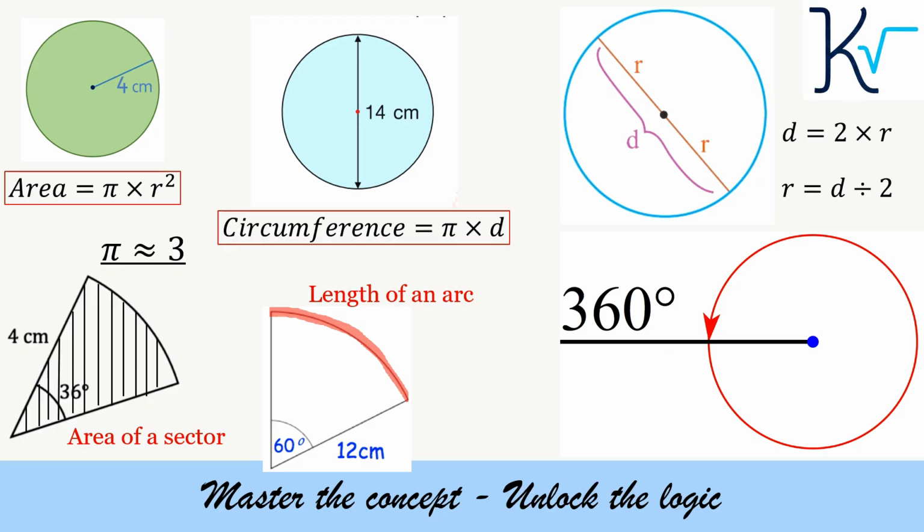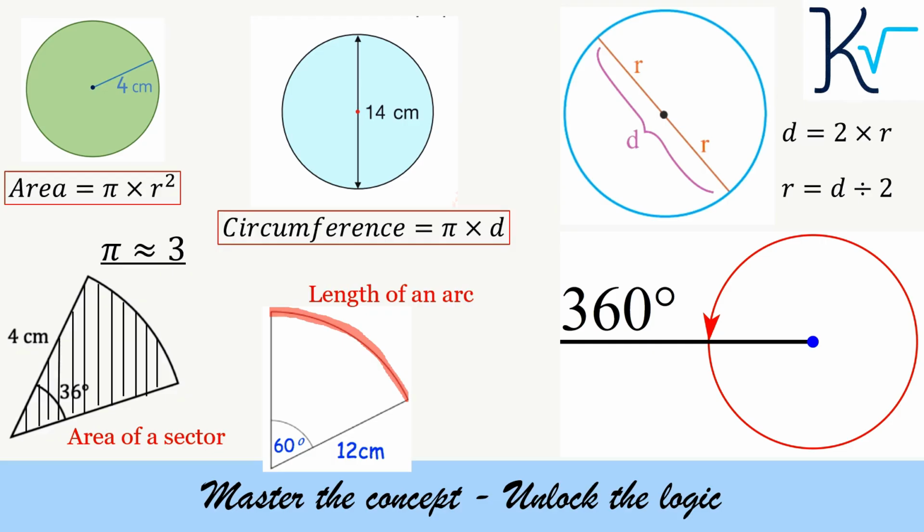We'll be using the formula for the area of a circle, pi times r squared, and the circumference of a circle, pi times d. In case you're wondering what pi is, to keep this very simple, we'll say that pi represents a number roughly equal to 3.